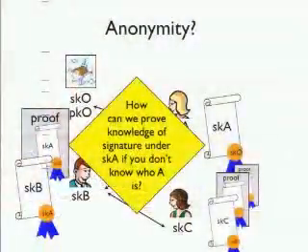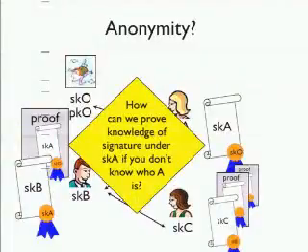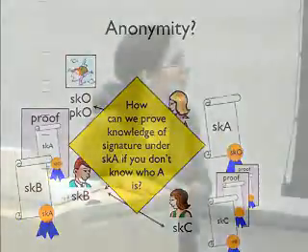But I would argue that there's still a minor problem with this, which is that we said Bob should have no idea who Alice is. But if he doesn't know anything about Alice, he doesn't know her secret key, he doesn't know her public key, how can he possibly prove that this is a valid signature under Alice's secret key?